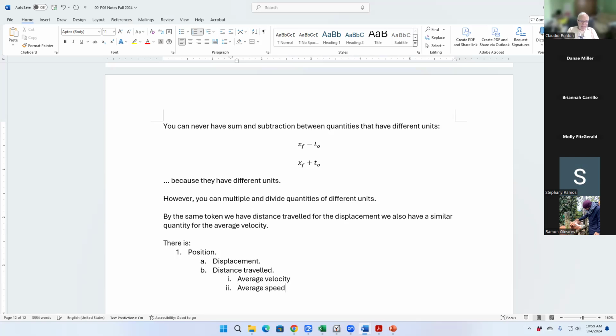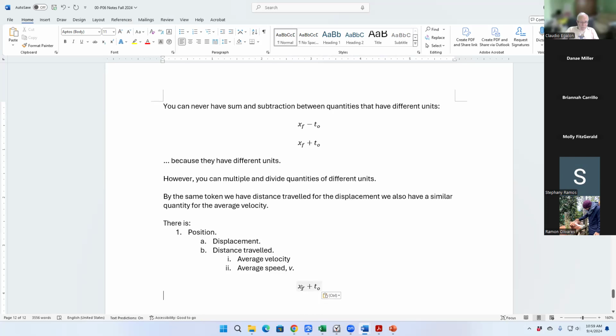Average speed. That's usually denoted by the little letter v. Average speed is going to be given by, here you go, v equal to distance traveled, d, divided by t. Okay? Average speed.